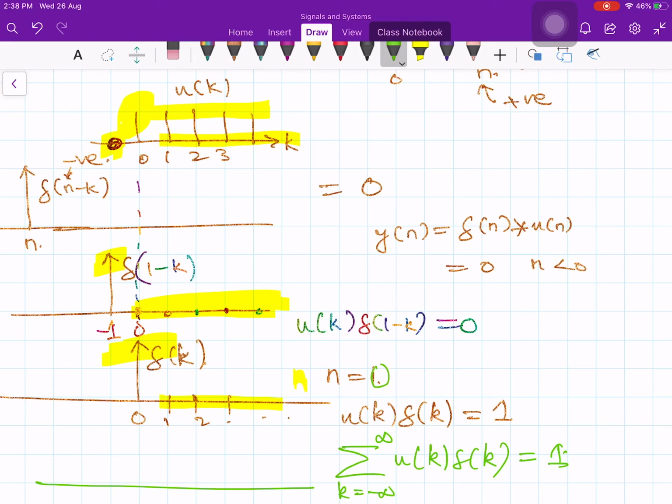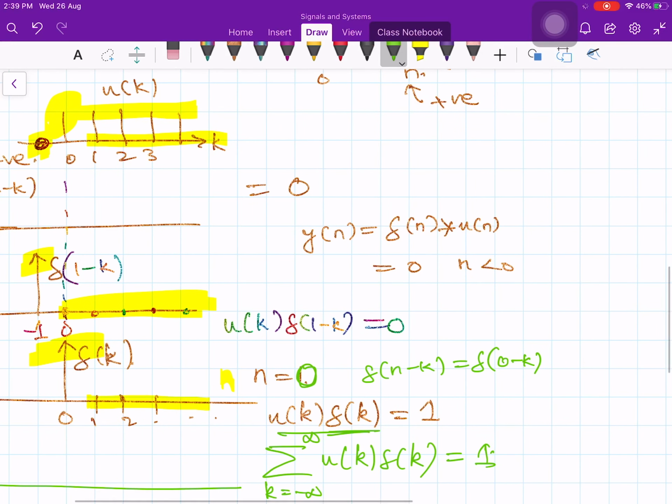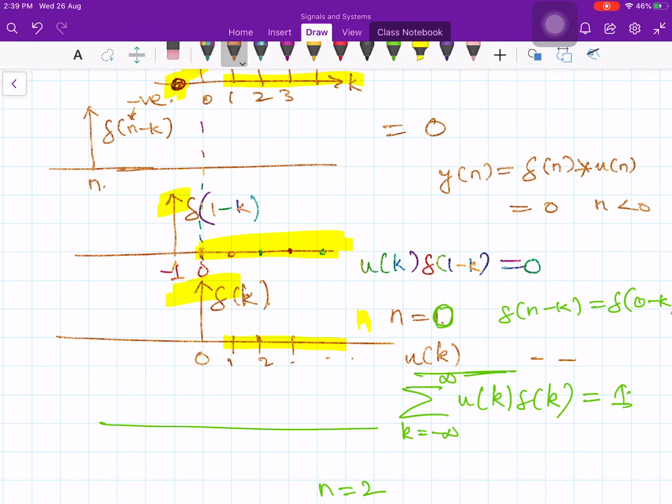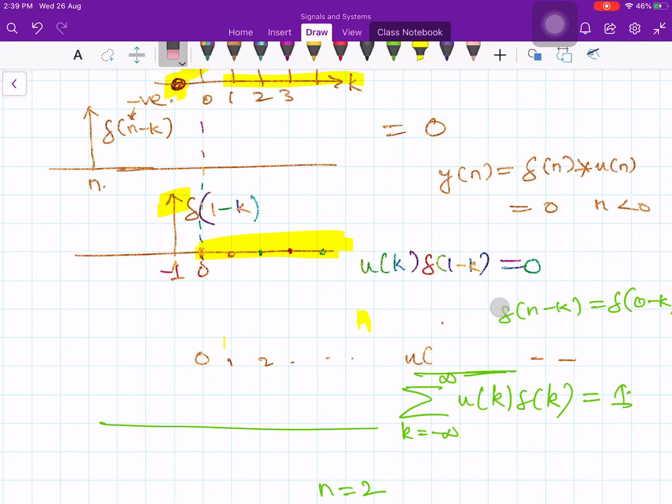Okay, when n equals 0, then this becomes like this, n minus k, 0 minus k, delta of n minus k, which is delta of 0 minus k. I don't know why I am making this mistake. Let me explain this again. I am sorry, I made some mistake.